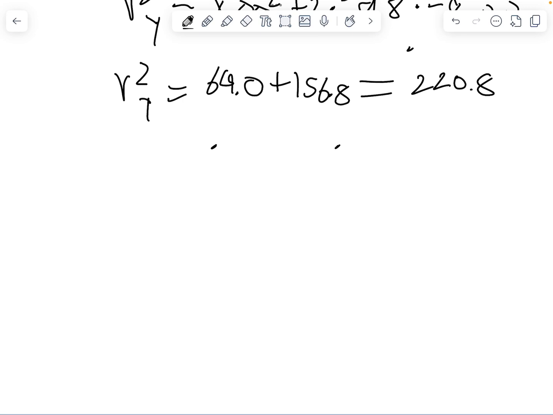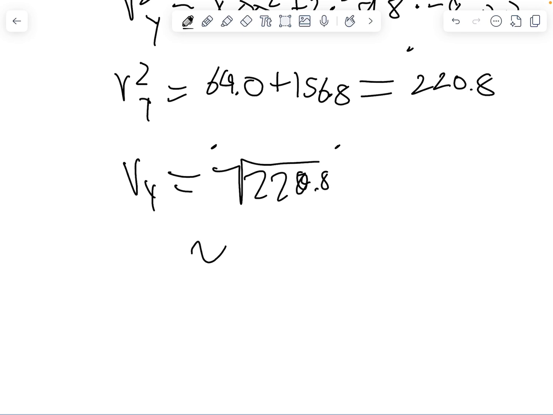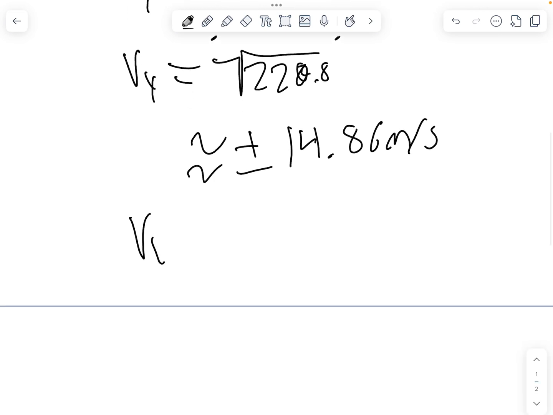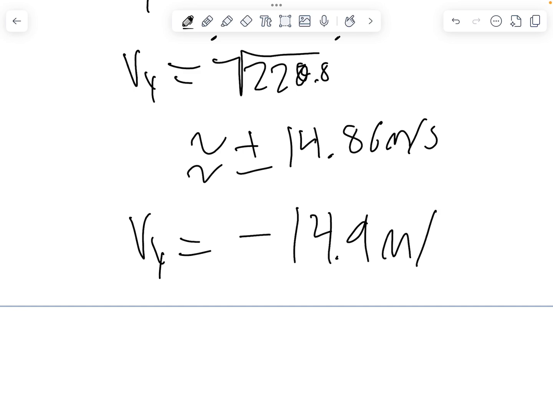So then we want to take the square root of both sides. If you use a calculator, it should approximate to plus or minus 14.86 meters per second. Since the stone is moving downwards, we want to pick the negative. So v_y equals negative 14.9 meters per second.